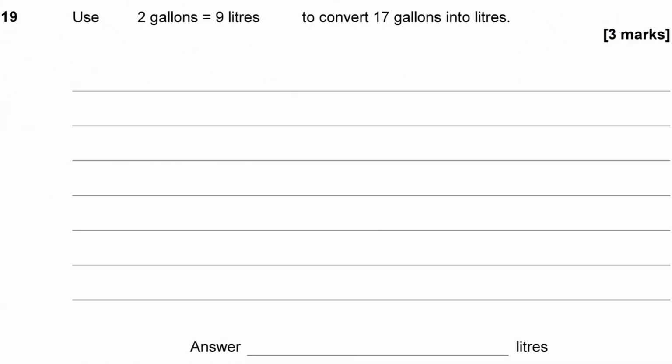Question 19. Use 2 gallons equals 9 litres to convert 17 gallons into litres. Now, I can write gallons to litres as a ratio. So 2 gallons we said was equivalent to 9 litres. So what we want is to turn that 2 into 17. So how are we going to do that?